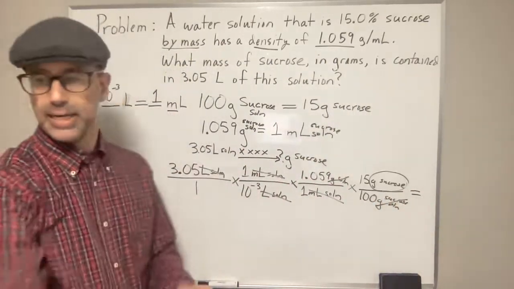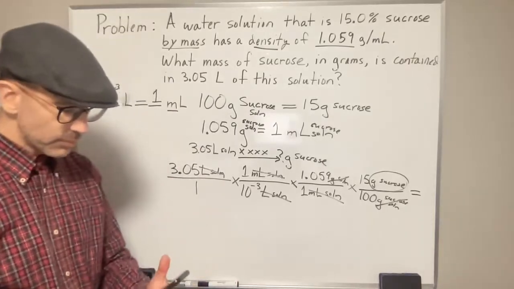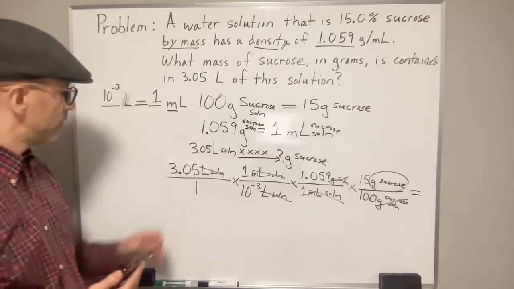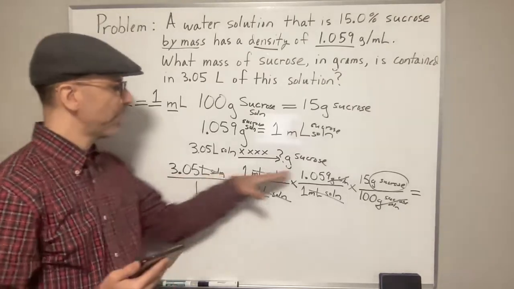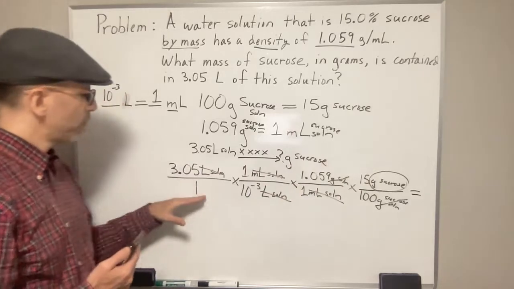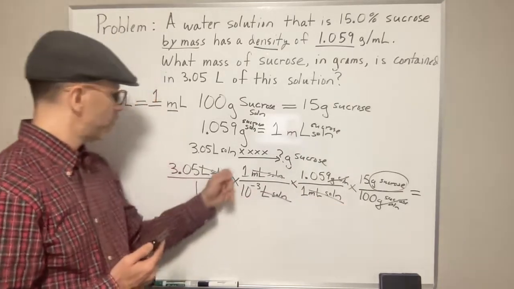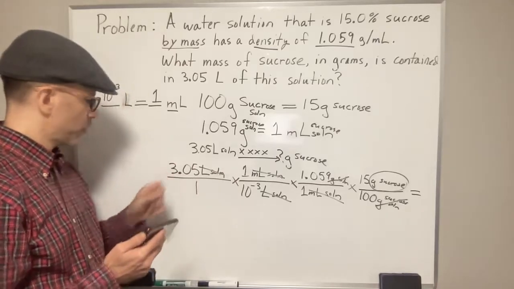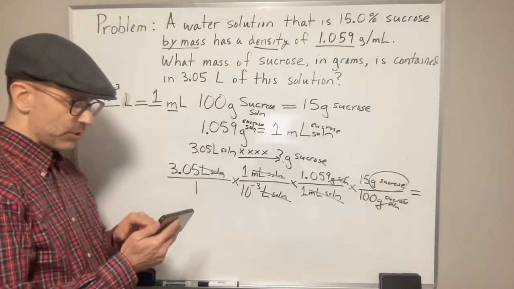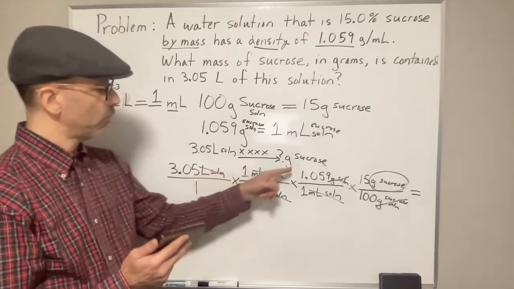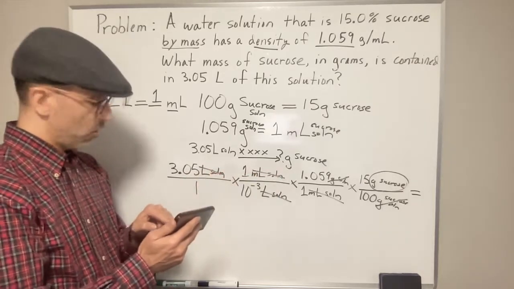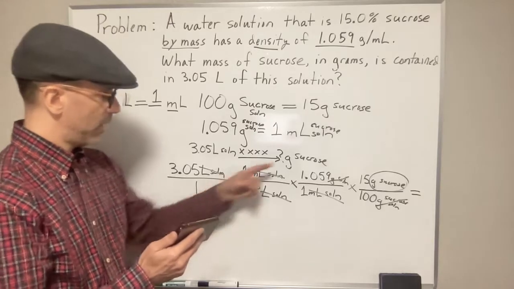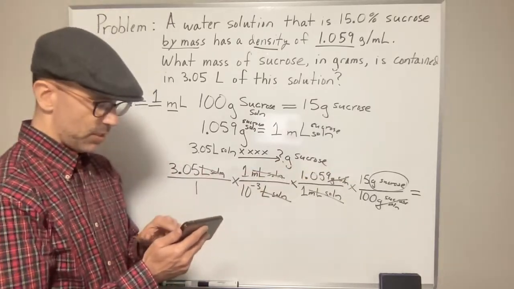So I'm going to take my calculator, and all I'm going to do is multiply by everything on the top, divide by everything on the bottom. If it's a 1, I skip it because it's not going to do anything. So I take 3.05 multiplied by 1.059, and then multiplied by 15.